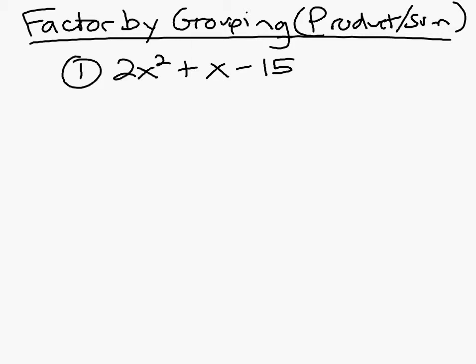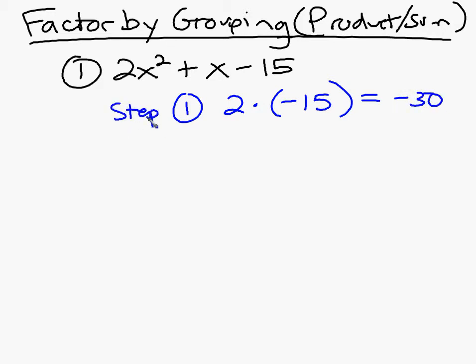Step 1. Our first step is to multiply the a term times the c term. Okay, 2 times negative 15. And we get negative 30. That's step 1. Step 2 is I want factors that will multiply to give me negative 30, but will add up to be the b term.